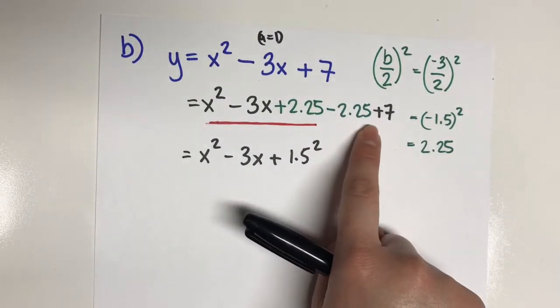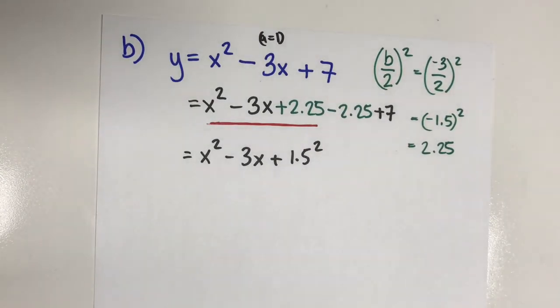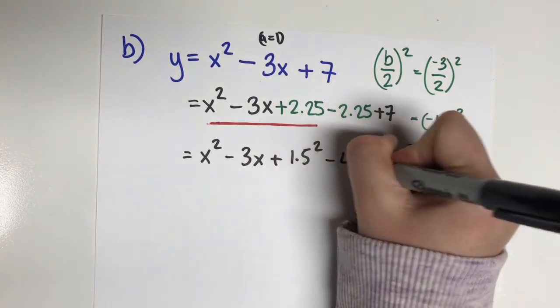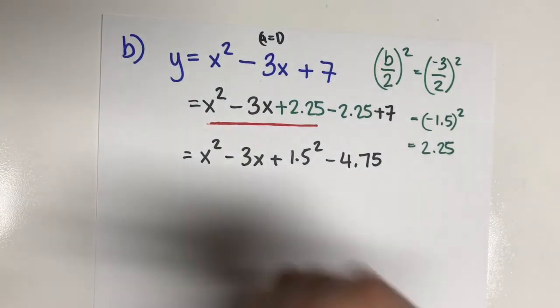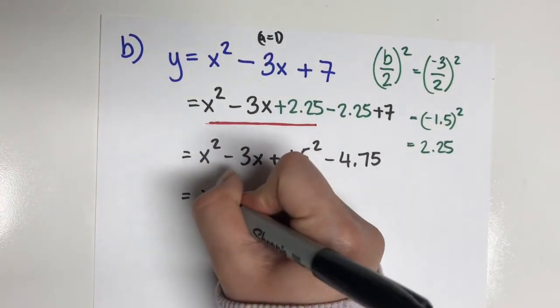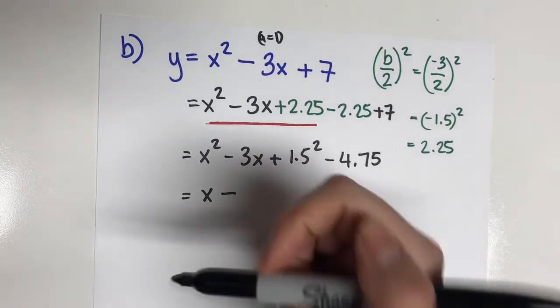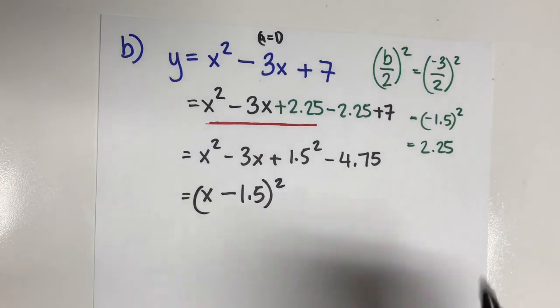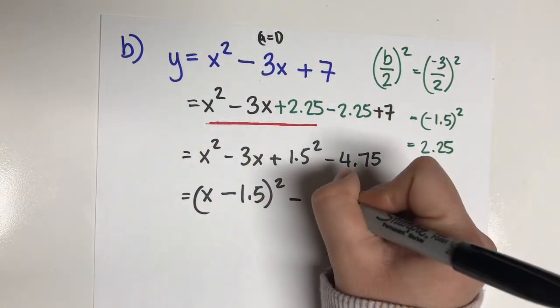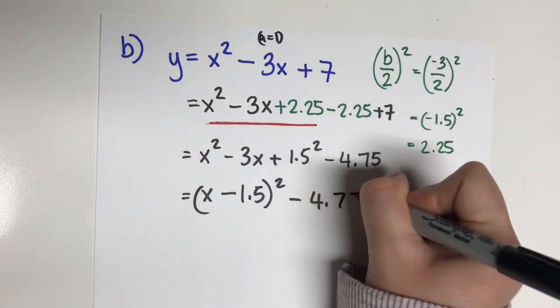And I'm going to simplify this part. So negative 2.25 plus 7 is 4.75. Now I can write this in factored form, and I get (x minus 1.5) squared, the base over here, and on the outside, 4.75.